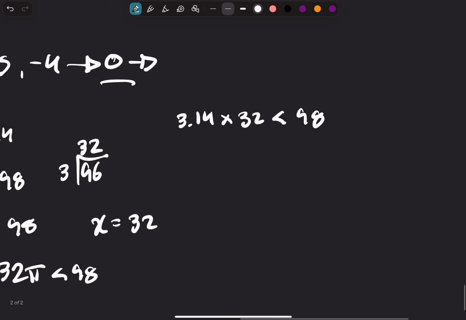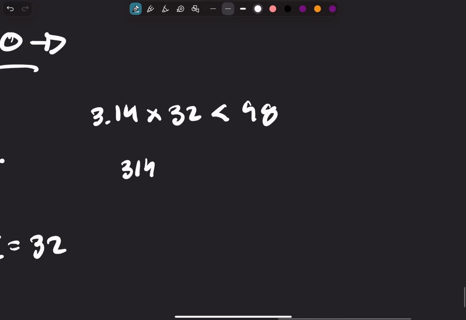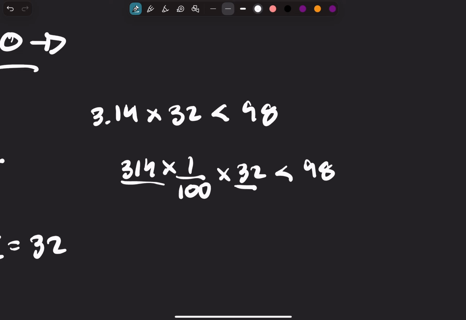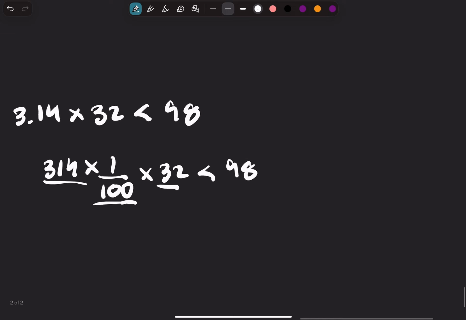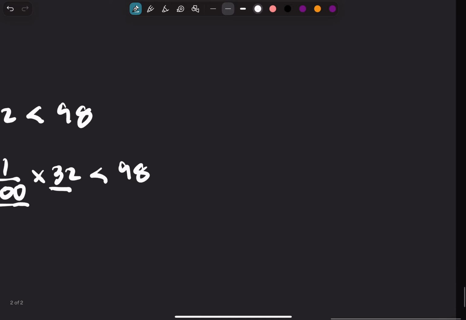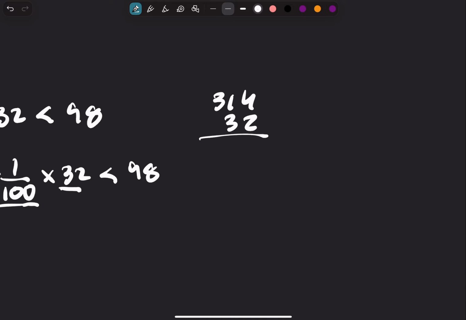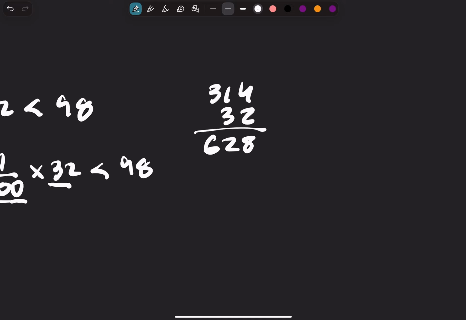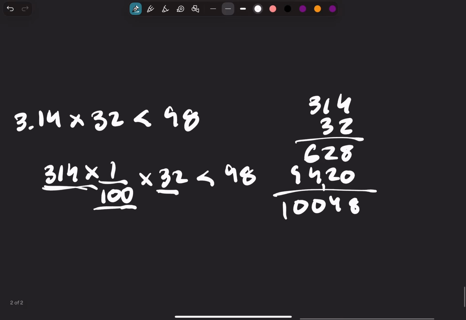Now, 3.14 is 314 times 1 over 100, and that's being multiplied by 32. Then I can just multiply these two and divide by 100 to see whether this inequality holds. So let's multiply 314 and 32 really quickly.